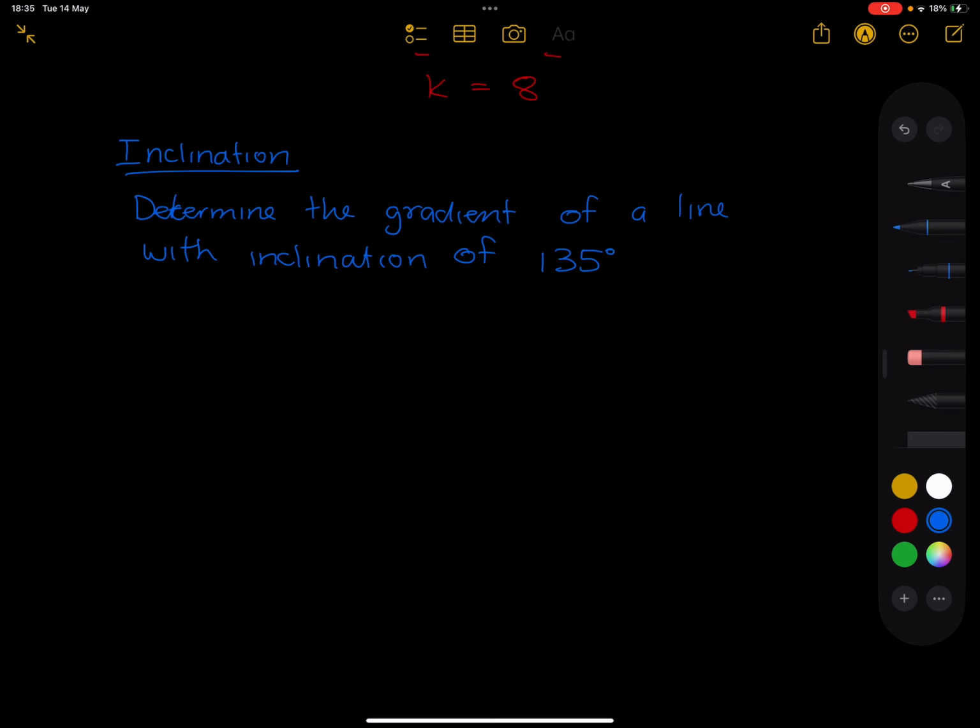Okay, now we say theta is equal to 135 degrees. So the gradient is equal to tan theta. So we say the tan of 135. That second quadrant, 135 is 180 minus 45.